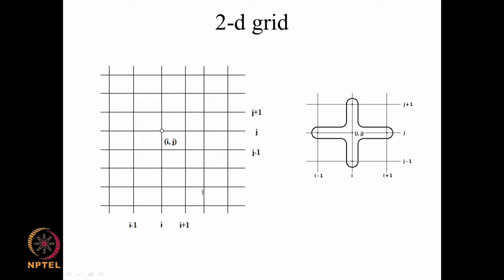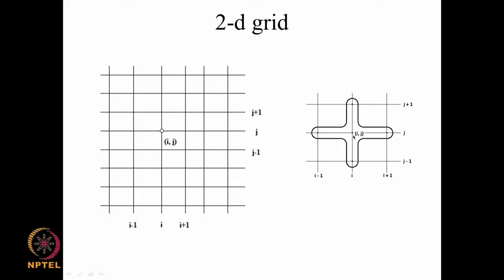In this case it is more generic with non-uniform spacing, but all these points have the same xi and all these points have the same yj, and the intersection of these defines the point ij here, with coordinate lines yj, yj plus 1 and yj minus 1, and I plus 1 and I minus 1 coming here.